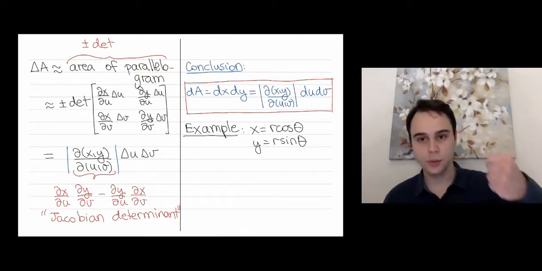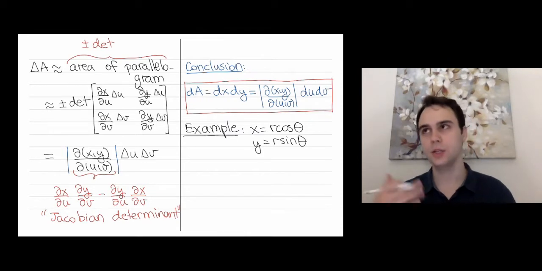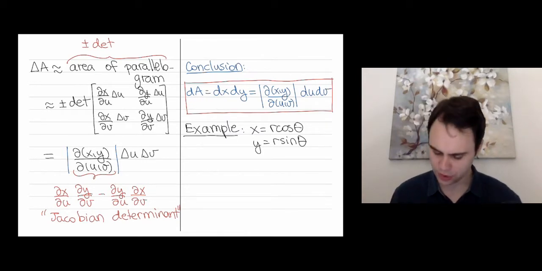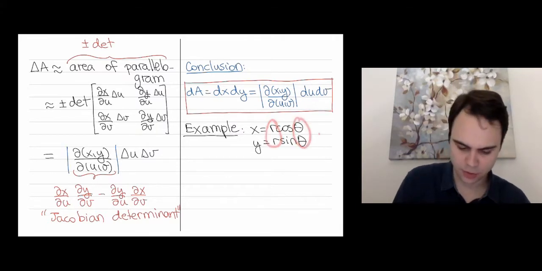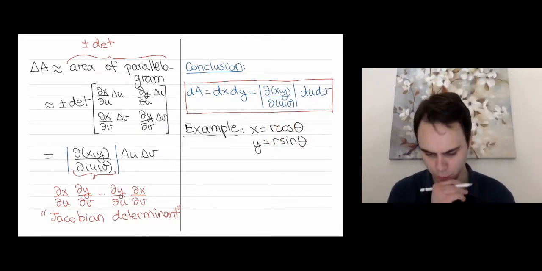I could say that u is r and v is theta, or I could say that u is theta and v is r, but here I'll work with r and theta in terms of u and v. The names of the variables is not important.